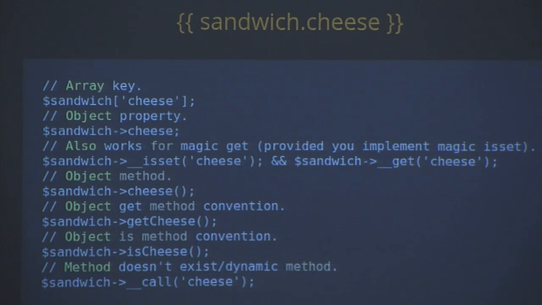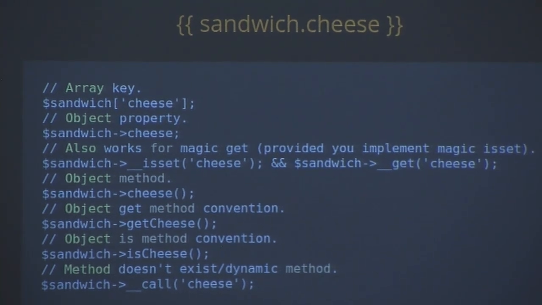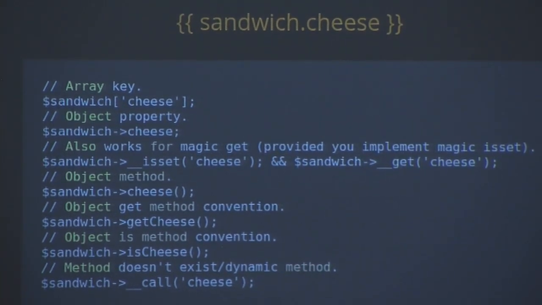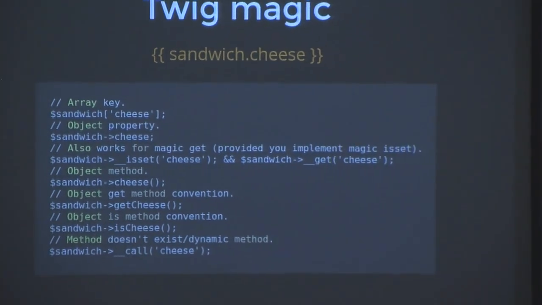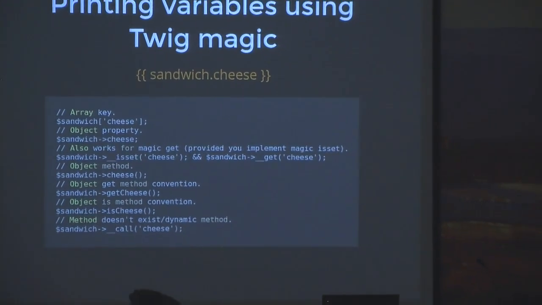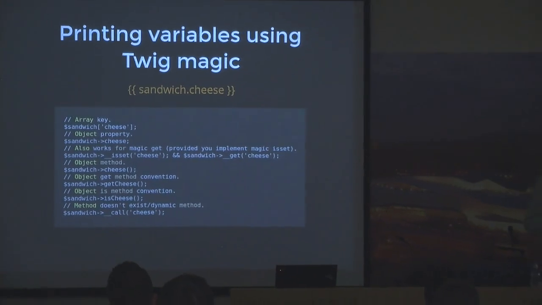So it could call in this object a method called getCheese. It could also call a method called isCheese. And if all of these fail, it tries if there is a dynamic method that it could be calling. If that is not true, nothing bad happens. It will not give you warnings or anything. This happens every time a variable is being output in a template.